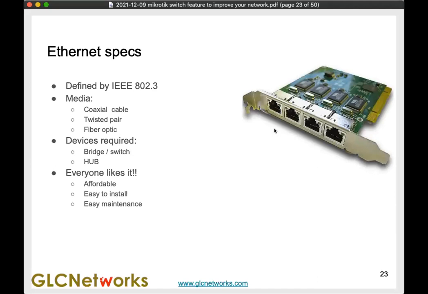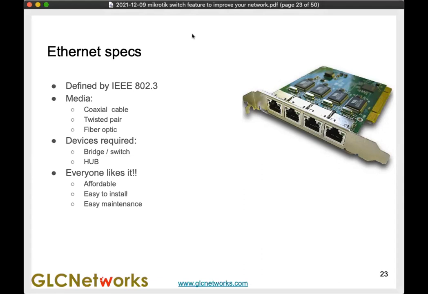The media can be coaxial cable, twisted pair, or fiber optic. Devices required: we have a bridge or a switch, or a hub. Everyone likes Ethernet because it is affordable, easy to install, and easy to maintain.